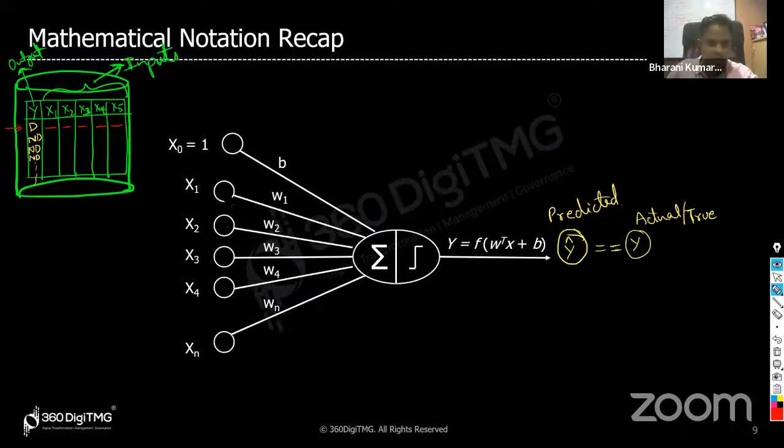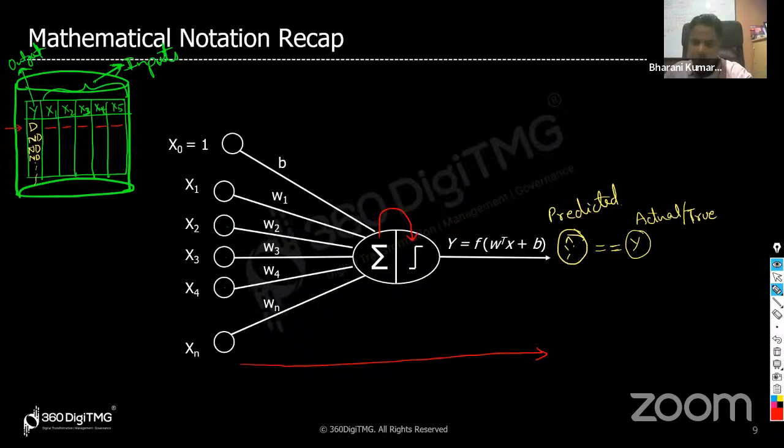Supply those here: x1, x2, x3, x4, x5, all of those for the first row. Pass it through your algorithm. All these weights will be randomly initialized. Random numbers are assigned. Then you do that multiplication and get the integration. Take that integration and supply it to activation. Then you get the final predicted value.